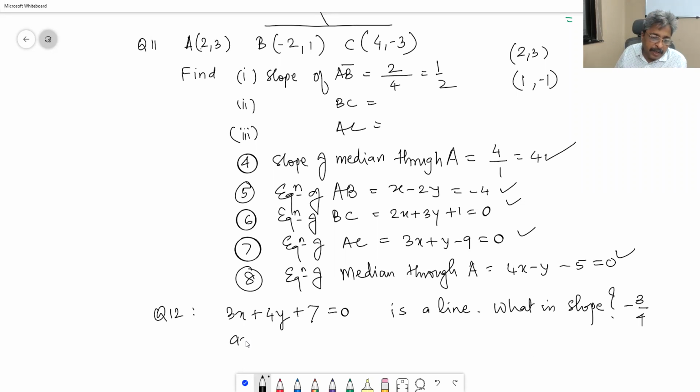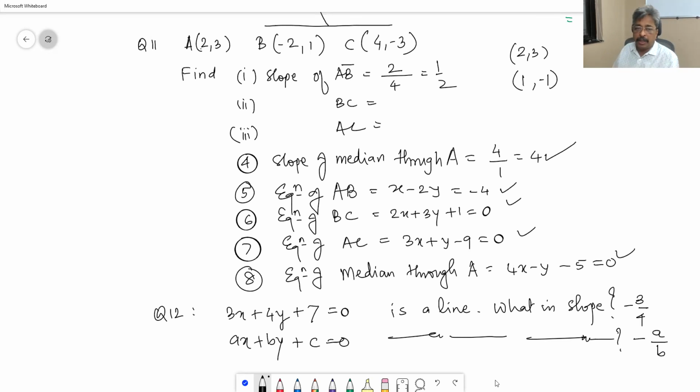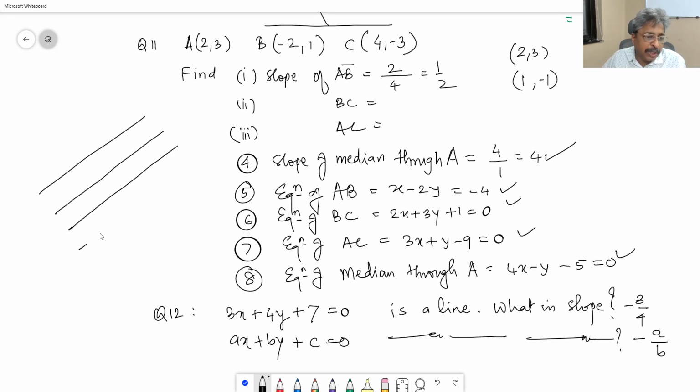Minus 3 by 4. Ax plus by plus c is equal to 0 is a line, then what is the slope? Minus a upon b. Now, all parallel lines in the xy plane, do you think that they will have the same slope? Yes, sir. All parallel lines will have the same slope.